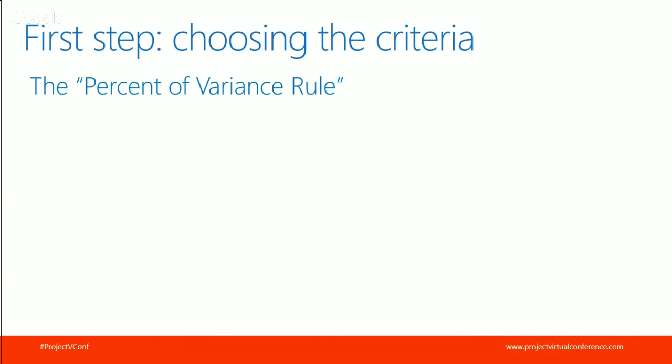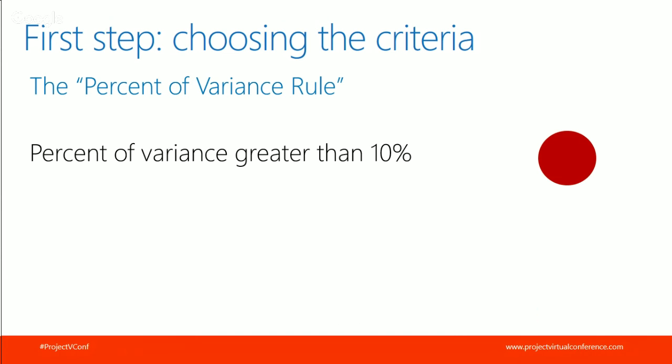For example, we can have a percent variance for finish dates that says that if the percent of variance is greater than 10%, we are going to see the indicator in red.